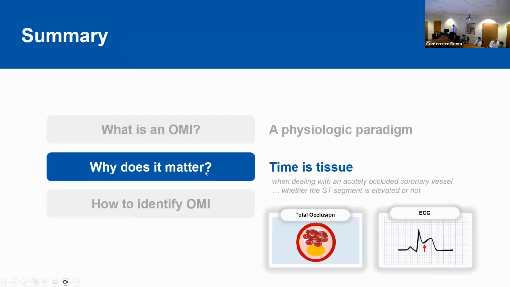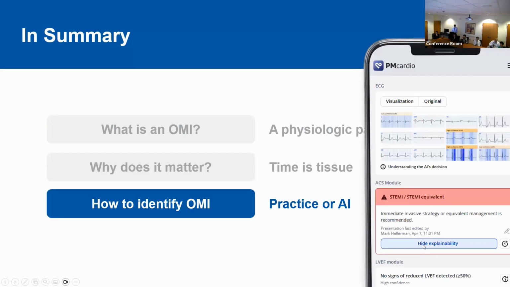We reviewed why this matters: when you're dealing with an acutely occluded coronary vessel, time is tissue, and that's the case whether there's significant elevation of the ST segment or not. In terms of how to identify these, you know, and if not, you'll take my word that it does take a bit of practice, but we now have some AI models that are helping us to recognize these.